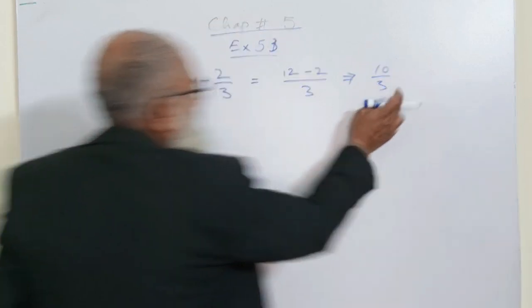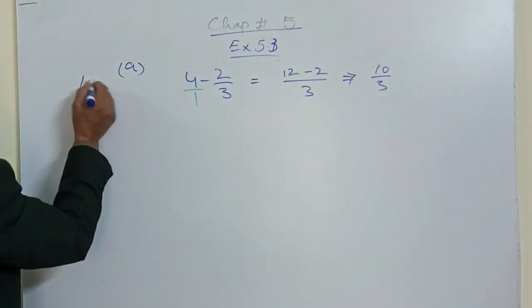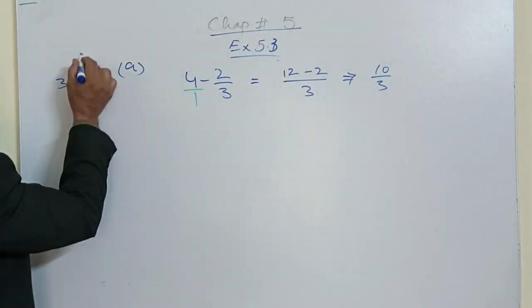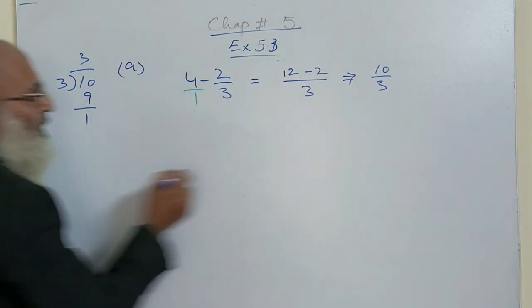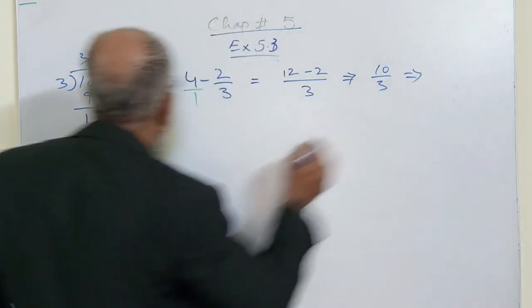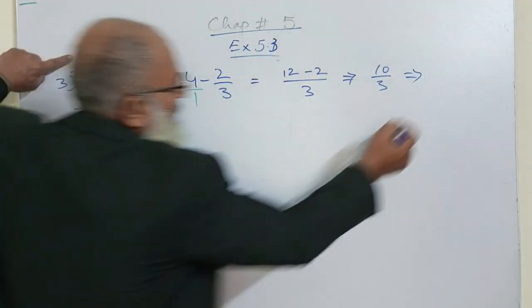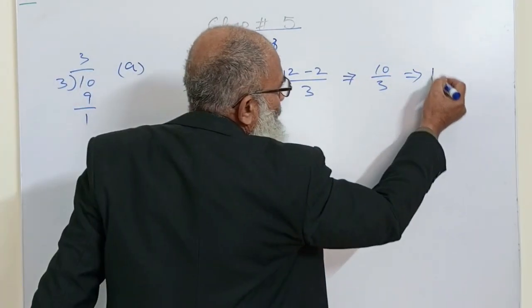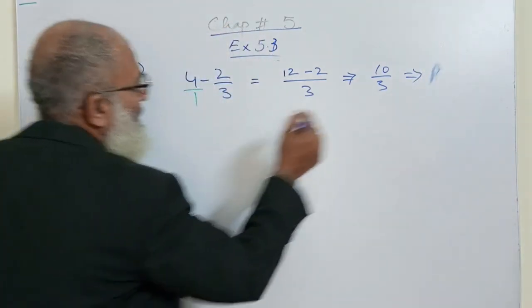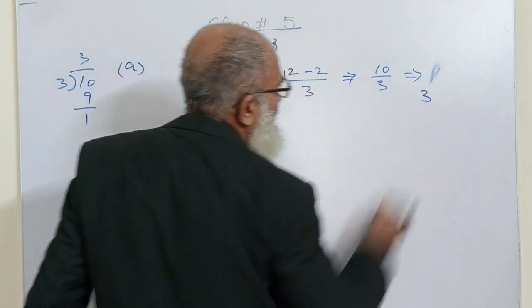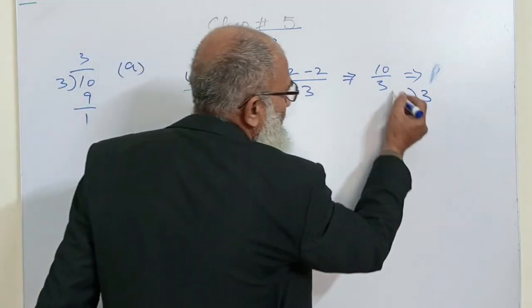We'll just divide this 10 by this 3. 3 times 3 is 9 and 1 came out of it. And what will be the result? As I told you, write the quotient over here. Now this is the quotient, 3.